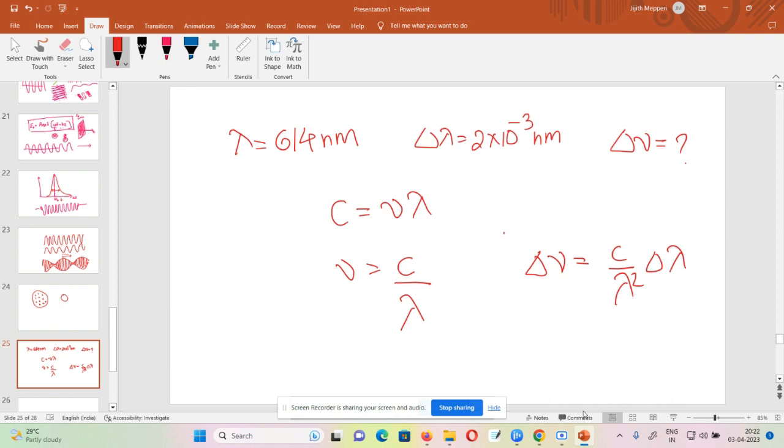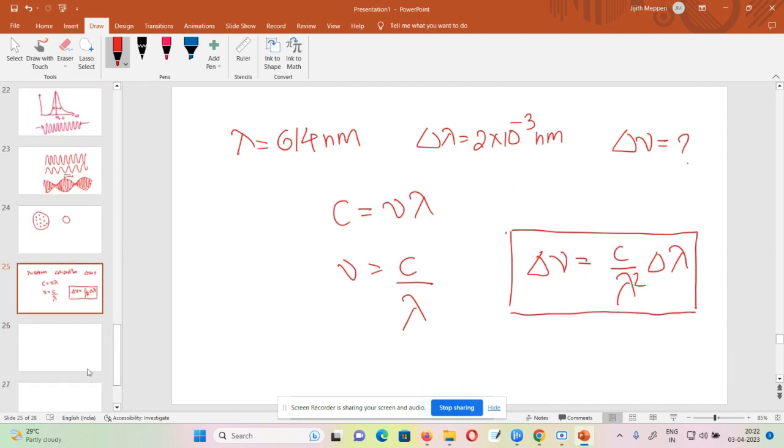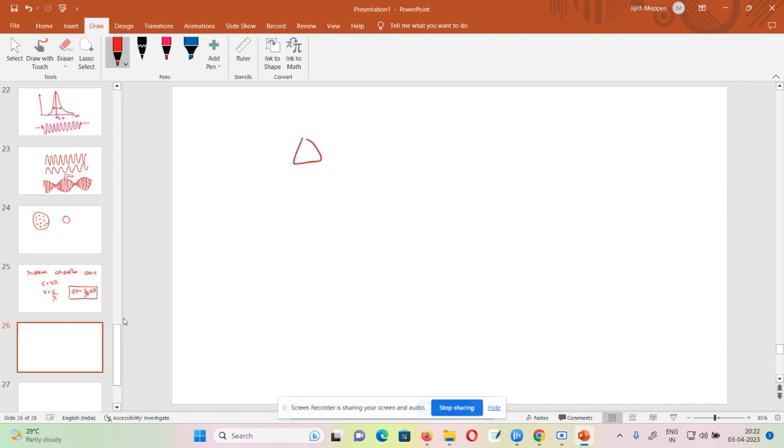Here you are not taking the sign, only the magnitude; otherwise it is minus c by lambda square into delta lambda. But if you consider this, you get delta nu equal to c by lambda square delta lambda.